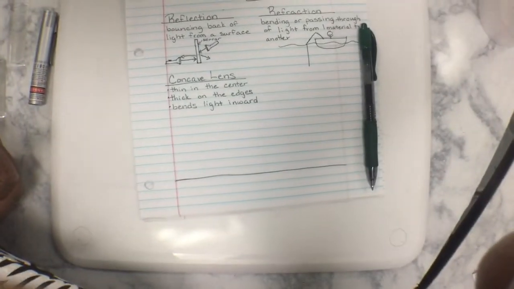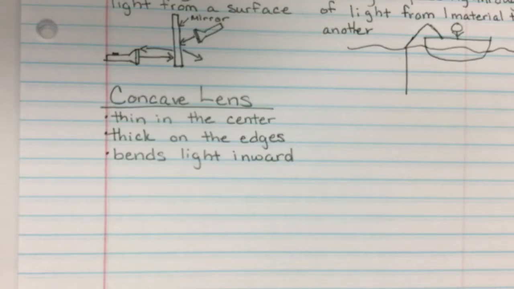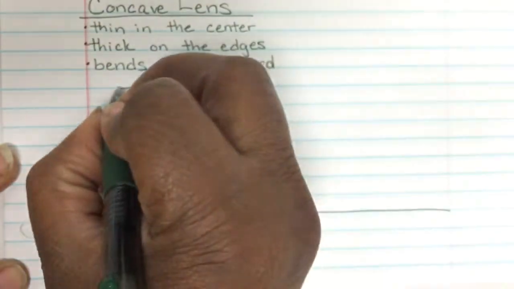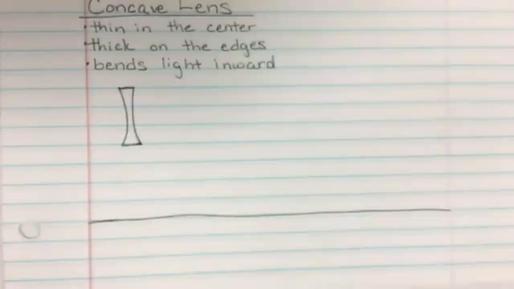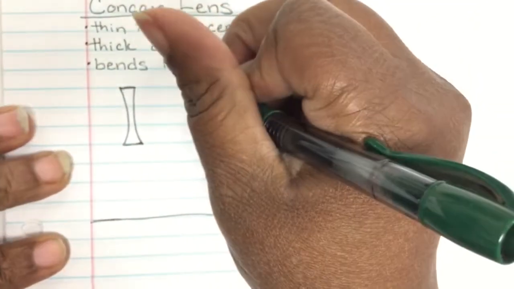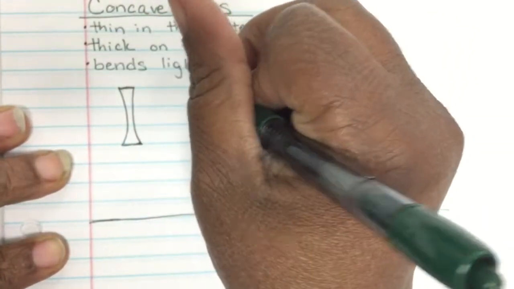So without my glasses, with my glasses. Let's draw a quick picture and we can move on. So our concave lens is thick on the edge, thinner in the center. Another example of a concave lens would be a spoon.